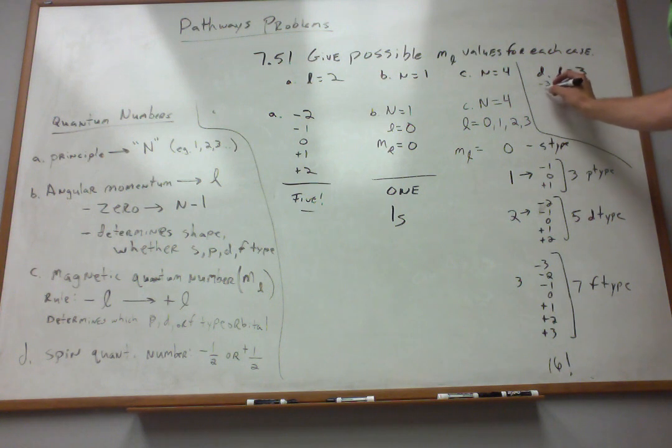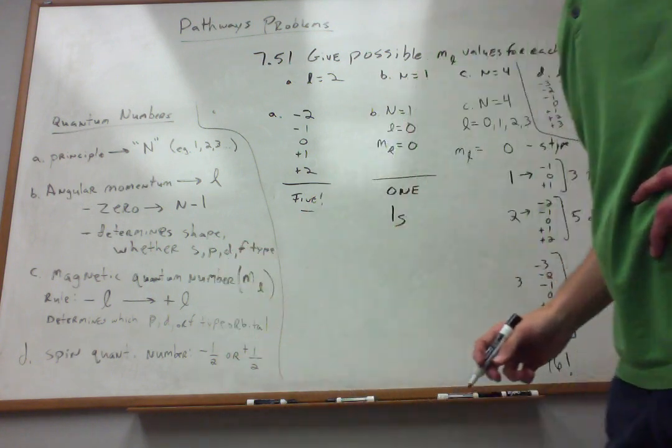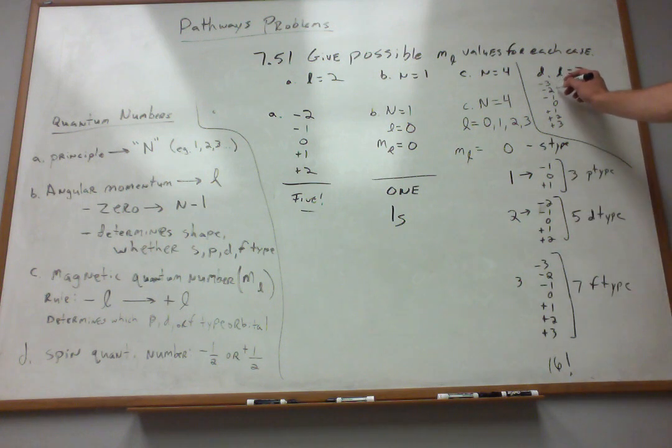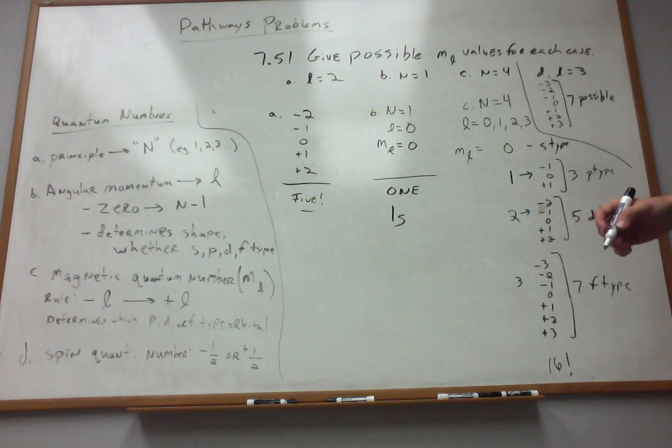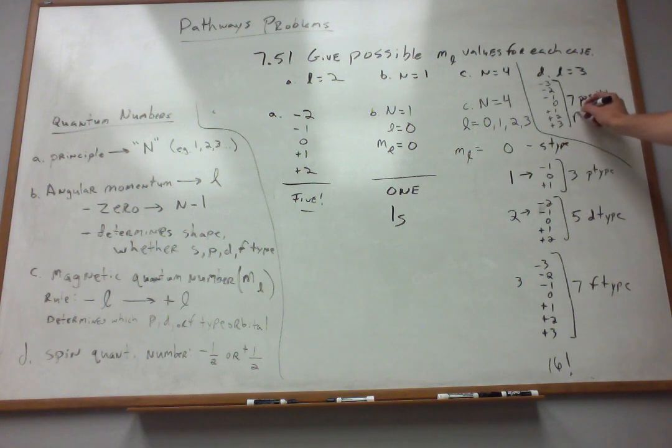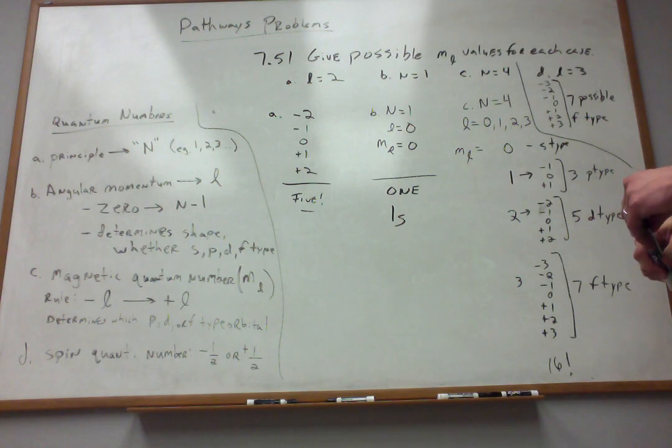Well, minus 3, minus 2, minus 1, 0, plus 1, plus 2, plus 3, because I'm allowed to go from negative L to positive L. So that's 1, 2, 3, 4, 5, 6, 7. There are 7 possibilities for m sub L when L is equal to 3. And of course, this would correspond to the f-type atomic orbital that we already considered.